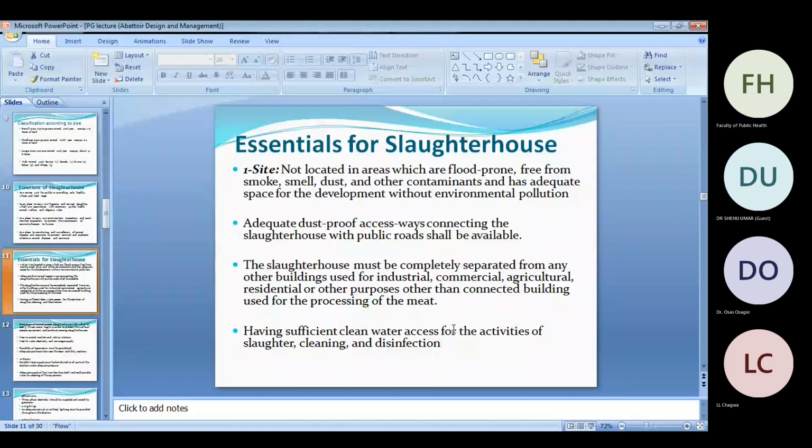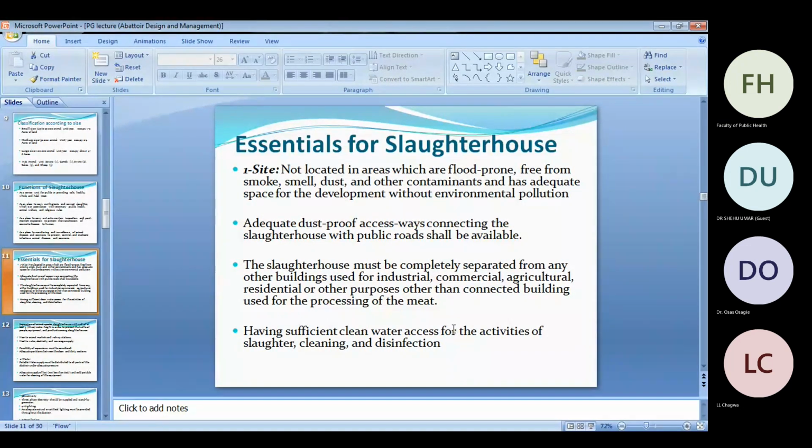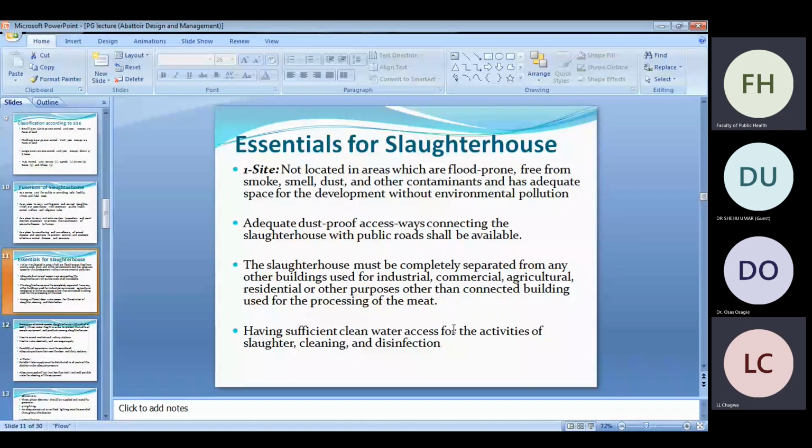Why do you have it far away from residential areas? Can somebody tell me? To avoid cross contamination, sir. Yes, and to protect against zoonotic diseases that may transmit from the animals to man.